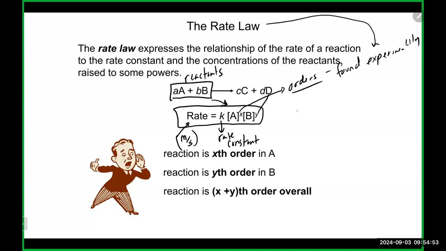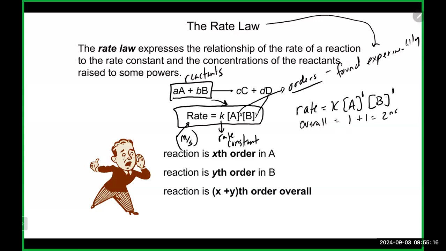Let's just say we had a rate law where we had k, A to the first order and B to the first order as well. Typically you don't write the ones, but I'll write it here. If we wanted the overall order here, just add those together.